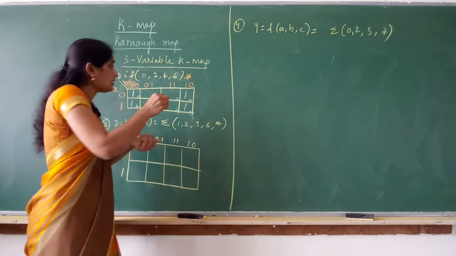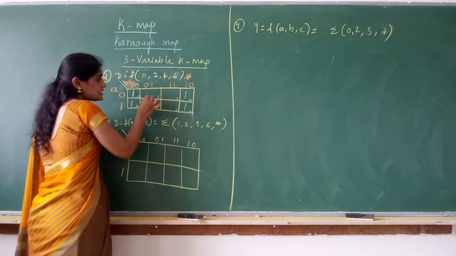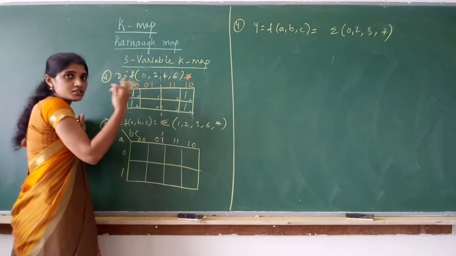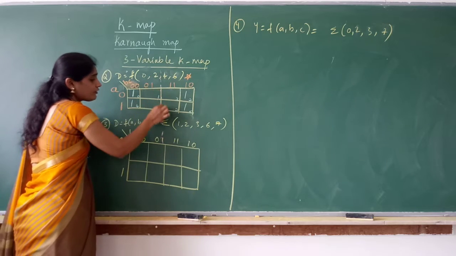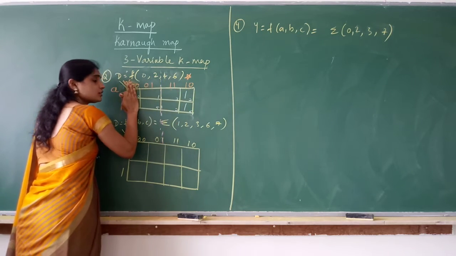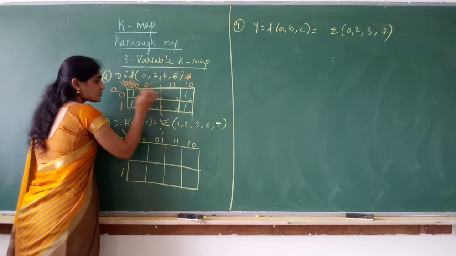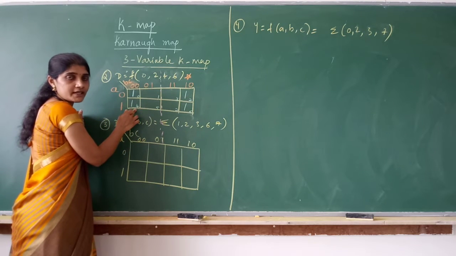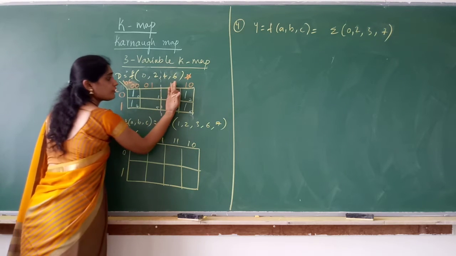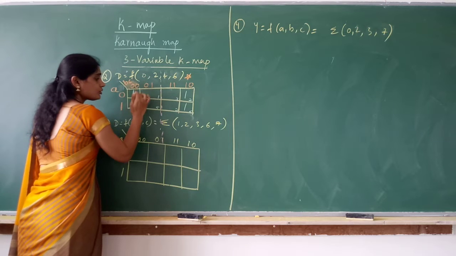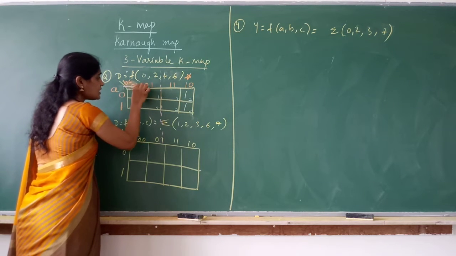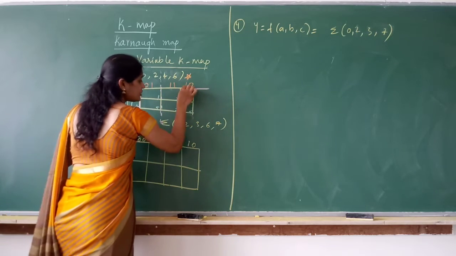We have 8 cells. If I fold the K-map here, take this part of the K-map and fold here, the 2 and 6 cells overlap on 0 and 4. When I fold the K-map like this, 0 and 4 will overlap on 2 and 6. So these two are adjacent to these two.